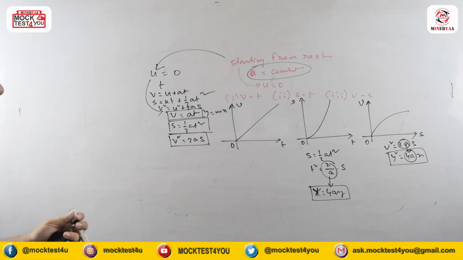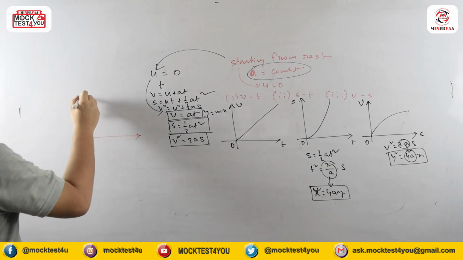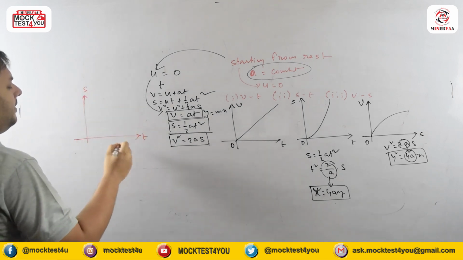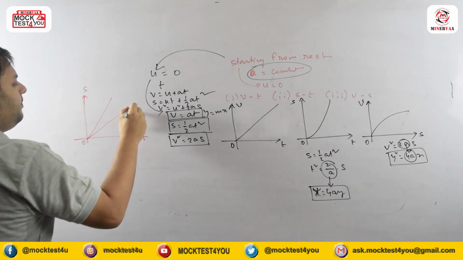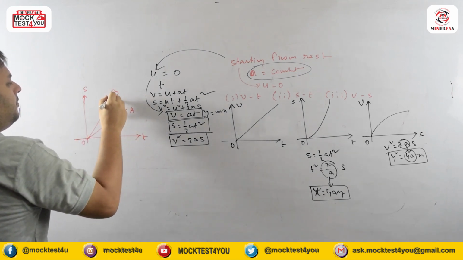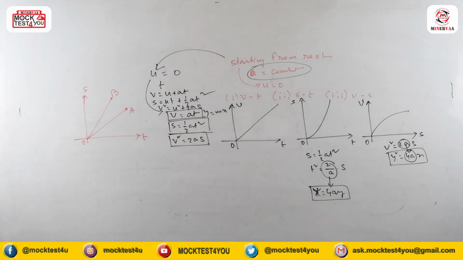Let's take one particular type of problem which is so familiar, and we have seen it in different competitive exams. Suppose it is like this, an ST graph, and this is the origin. A and B, there are two points we can have.